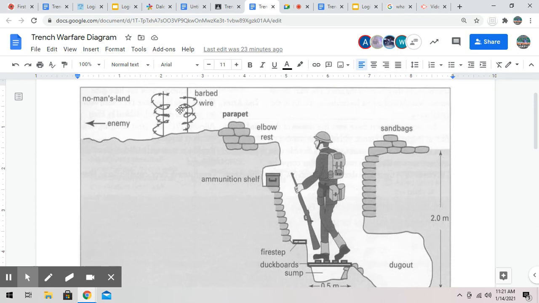There is also barbed wire that is placed in front of the parapet. The reason they have barbed wire there is because it is possible to get from the enemy trench to your trench. It's unlikely, and we're going to talk about that in a minute. But if somehow someone crosses over from their trench to yours, that barbed wire will at least slow them down.